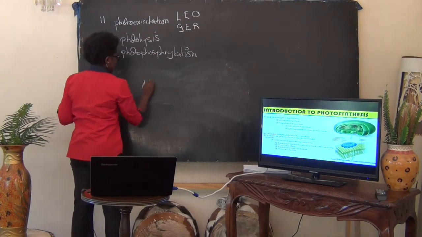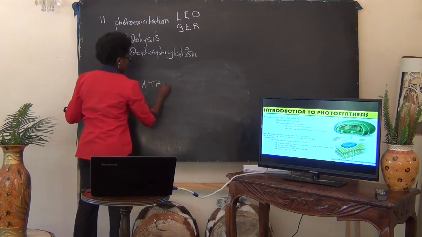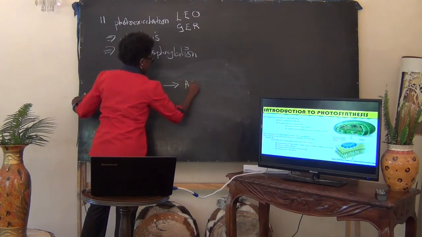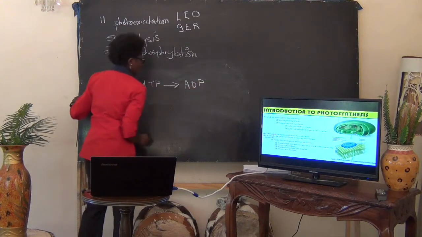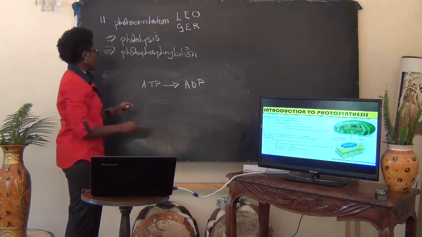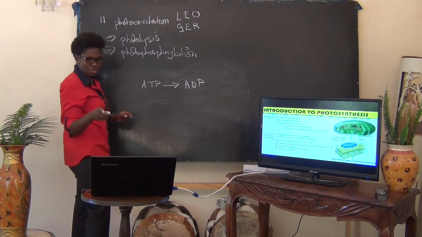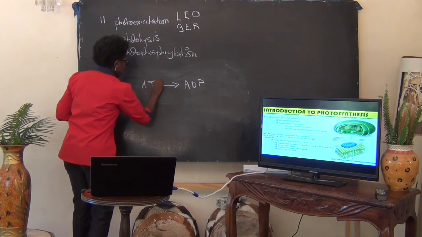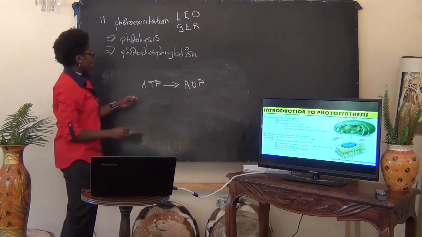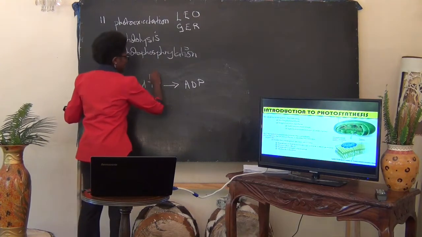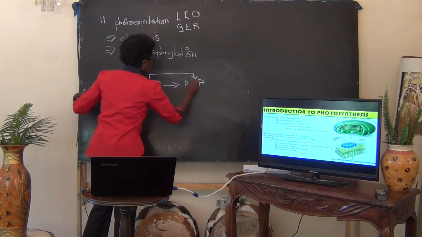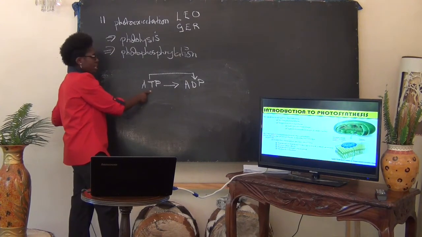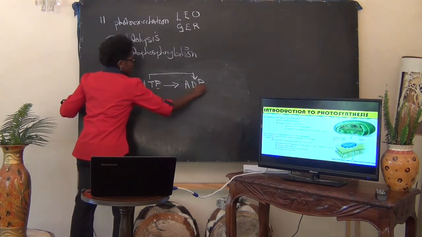ATP and ADP. So you realize that ATP, okay, I'll get to do a slide that shows us the intricate details on the structure of the ATP as it is. But if you are moving from ATP to the molecule ADP, in other words, what you are saying is that you have lost a phosphate group. Check out this.